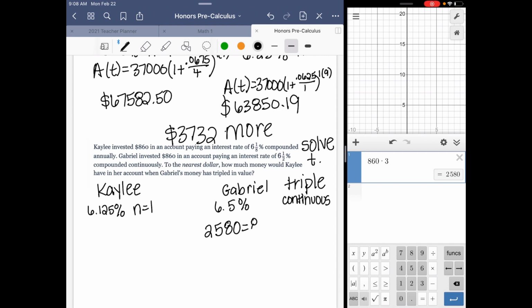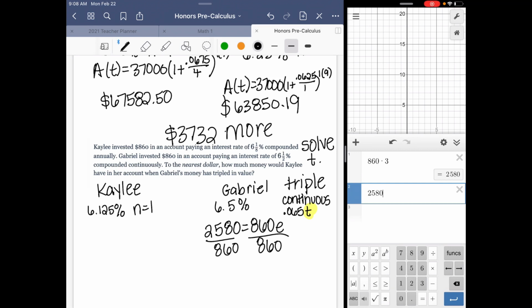He started with $860. E raised to k, which is going to be 0.065, and t. So once again, we're going to solve for t, and then we're going to use the t, and we're going to apply that time to Kaylee's information. All right, so we're going to divide by 860.